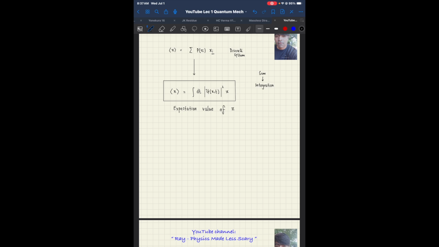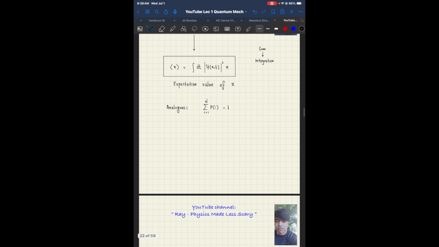And analogously, equations, recall, the sum of pi was 1. We have seen this, right? It just tells you that when you roll a dice, one of the outcomes has to come. It has to be either 1 or 2 or 3 or 4 or 5 or 6.